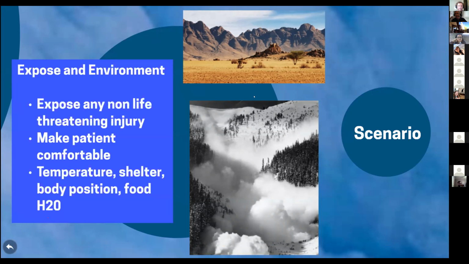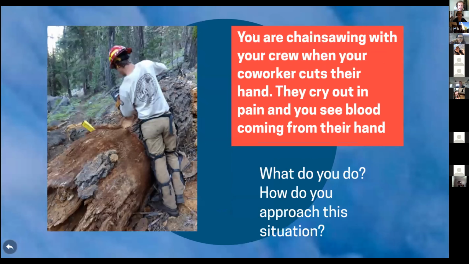Cool beans. If there are no more questions, I'm going to jump to this real life scenario that I had out in the Sierra National Forest. So take a minute to kind of think about this. You're about 2 miles from the trailhead, and just kind of think about, based on what we've talked about, what do you do?